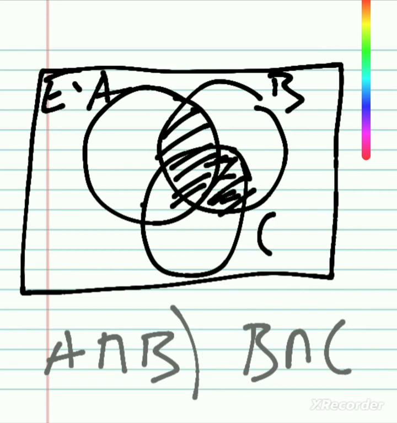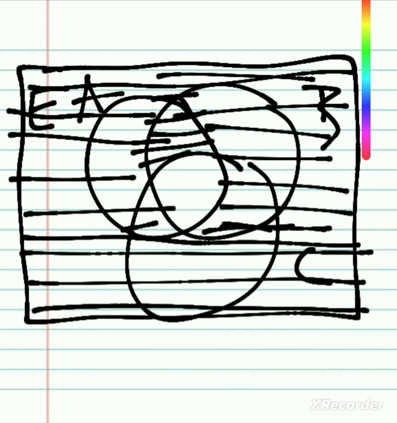Okay, what about this one? I think this is everything. Okay, one more just in case. So what is this set? The only part that is not shaded is this.